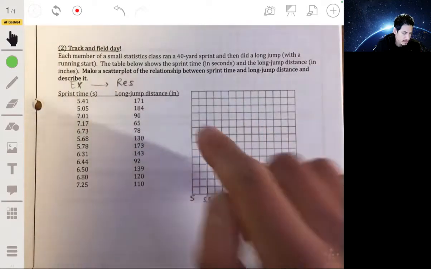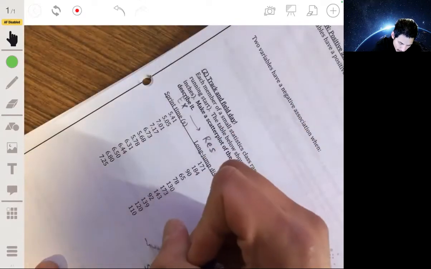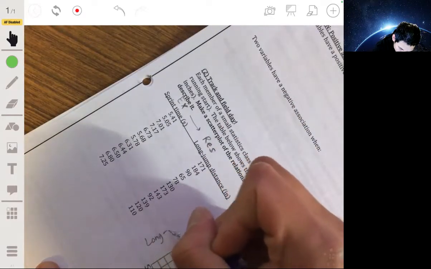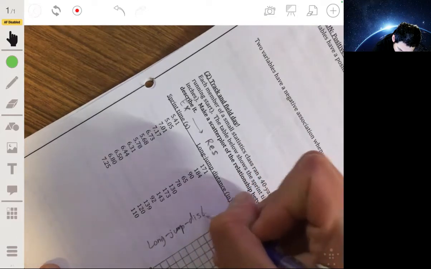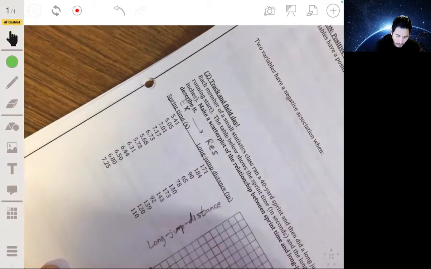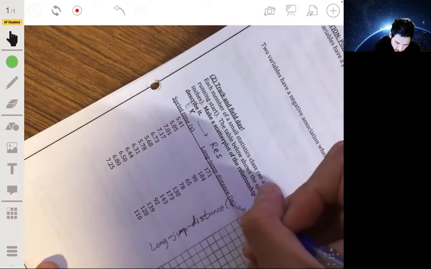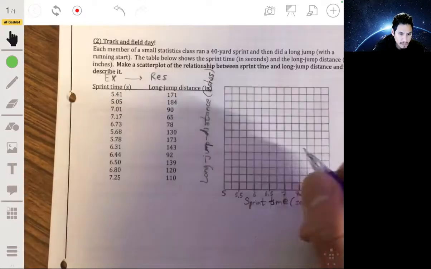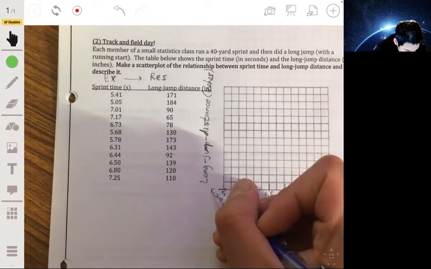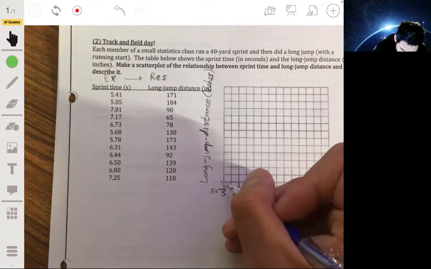And then long jump distance in inches up here. Again, we're going to do it in inches, so make sure you address the units. Now I'm just going to start at 50 and go by tens.